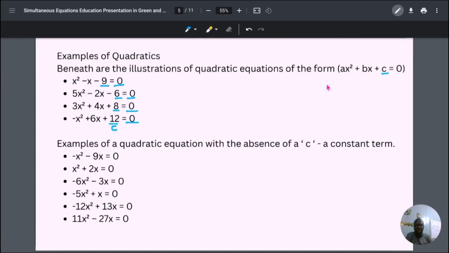And then the ones for the bx are the second one right here, right here, right here. So you might be wondering that this x here does not have a b, like a number in front. It actually has a 1. Any variable you see standing alone isn't really standing alone. There's an invisible 1 in front of it.